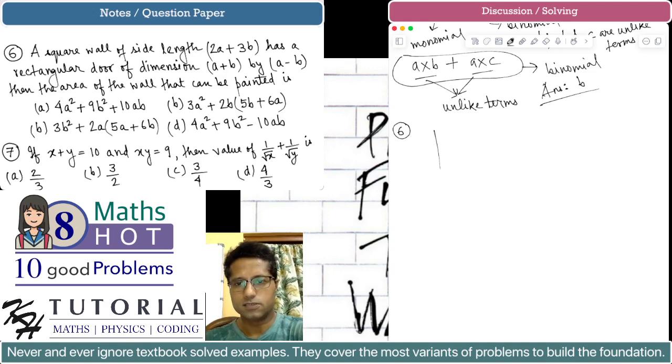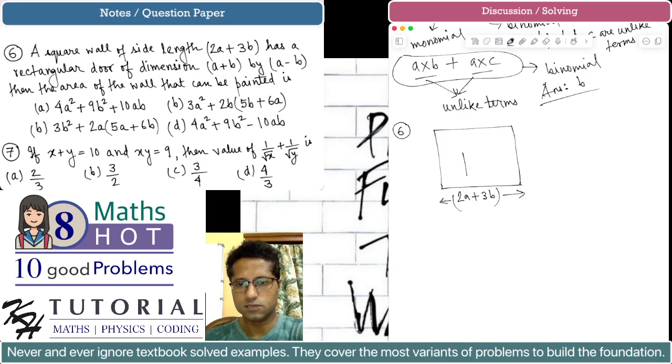Let's try to visually draw what is given. So let's say this is the square wall and each side is 2a plus 3b. This is the length of each side. It has a rectangular door of dimension a plus b by a minus b.